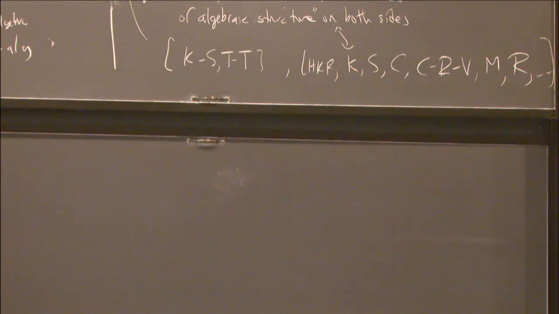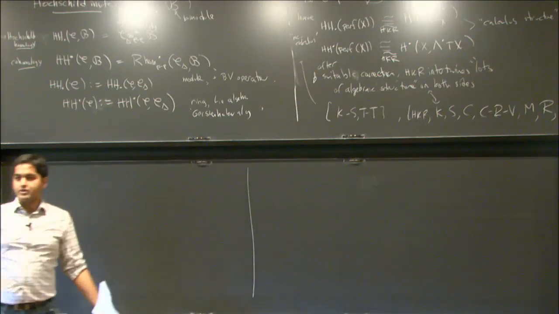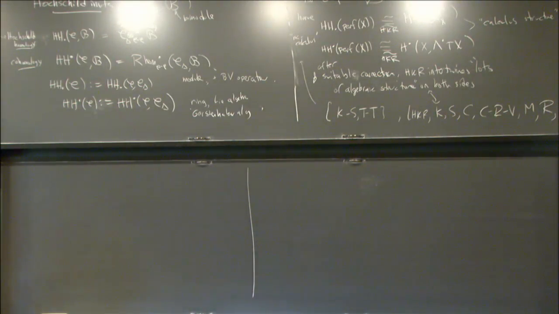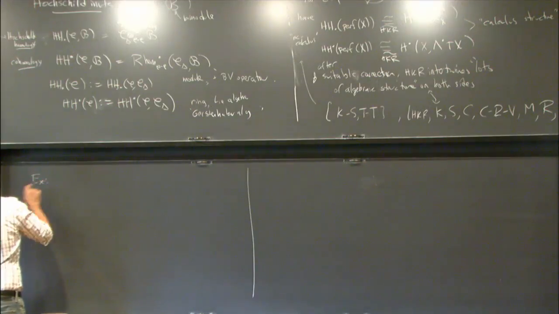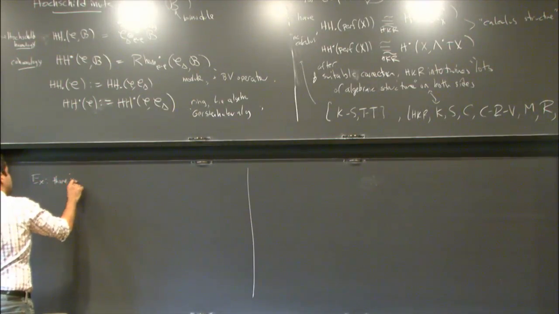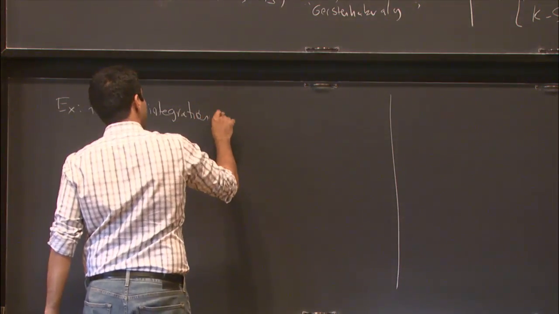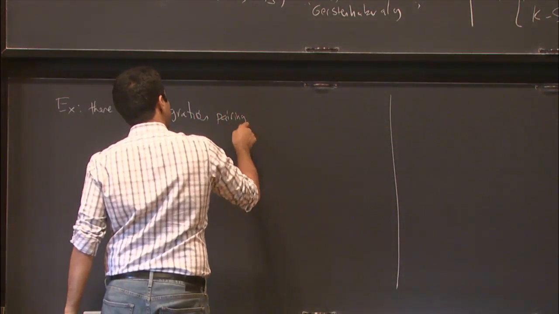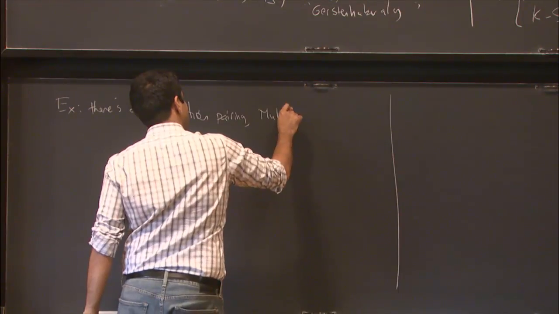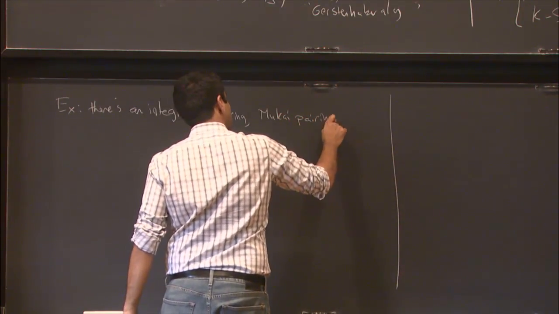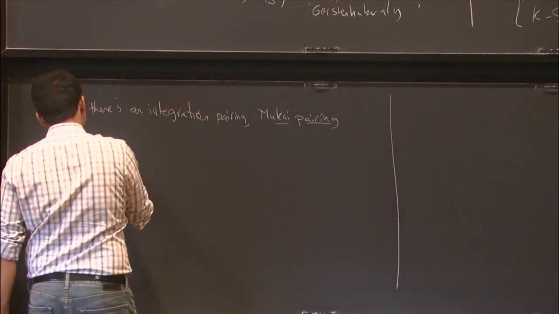And maybe one thing I want to say is we're going to focus on one such structure. OK, so one such structure in calculus. So for example, there's an integration pairing called the Mukai pairing.